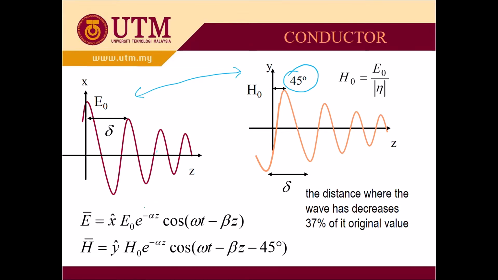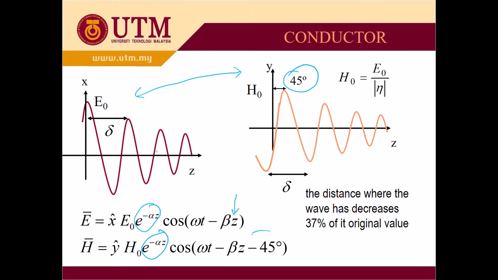Okay, we have E equal to, in the direction of X, E naught, with exponent minus alpha Z, because we have very high losses in a conductor. And then we have the function cos omega t minus beta Z. This is the propagation direction. For the H field, similarly, we have these lossy components, and the component is in Y, and in the same direction of propagation.